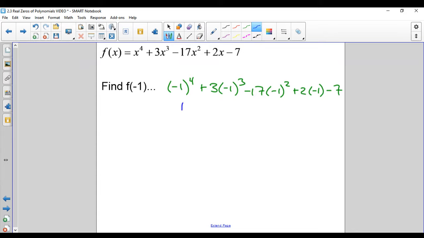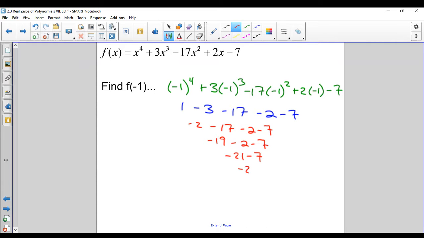We get 1, minus 3, minus 17, minus 2, minus 7. So we get a negative 2, minus 17, minus 2, minus 7, negative 19, minus 2, minus 7, negative 21, minus 7, and then negative 28 is my final answer.